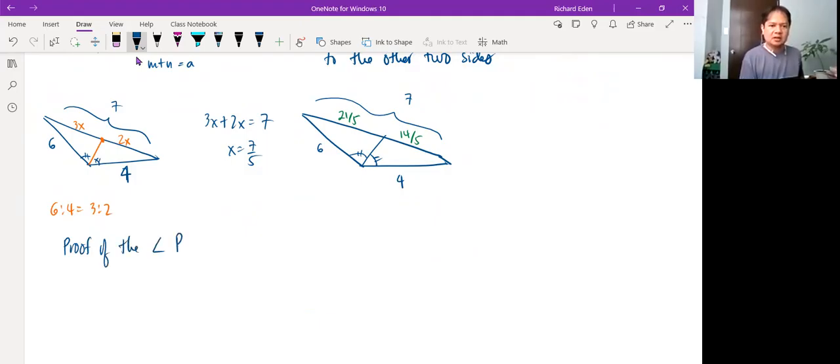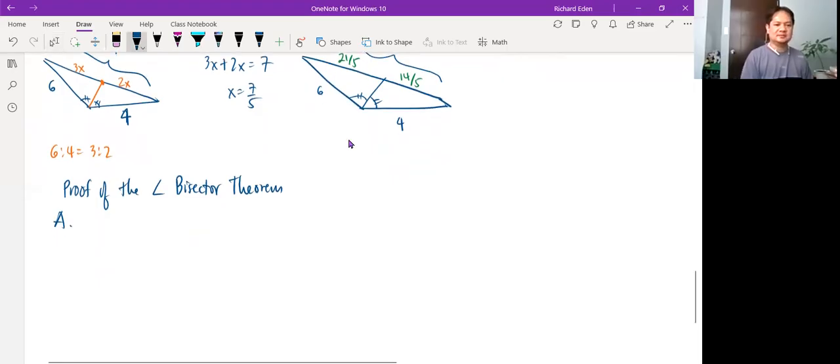Proof of the angle bisector theorem. Okay. Proof A, using the law of sines.